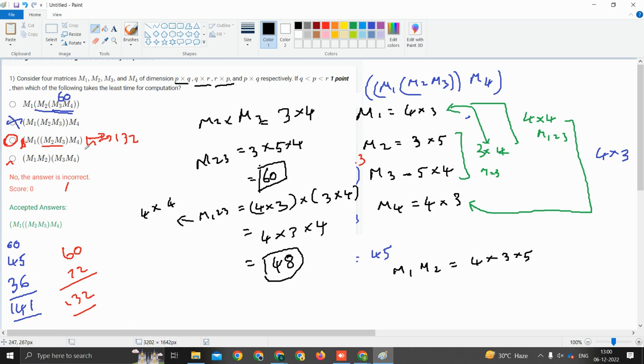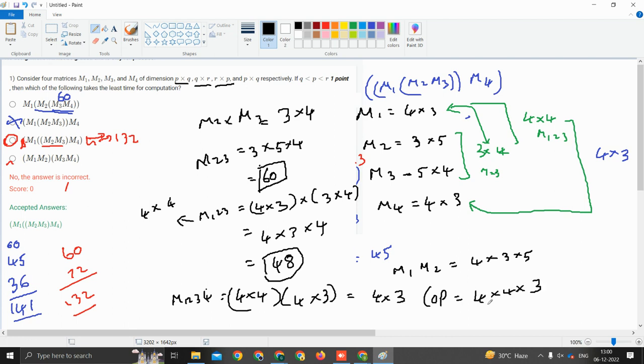So similarly, what's the next? That M1, 2, 3, you are going to multiply with M4, right? So you had 4 cross 4, and on the right hand side you're multiplying with 4 cross 3. The resultant is going to be 4 cross 3, and the operations are 4 into 4 into 3, which is 48 again.